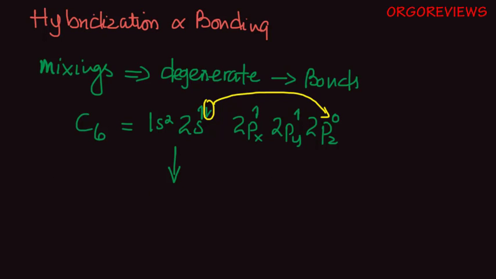And when that happens, now you're going to have a new set of orbitals that is a mixture of the s orbital and the p orbitals. So you're going to have 2s, 2px, 2py, and 2pz. So all of these are going to have 1 electron each.